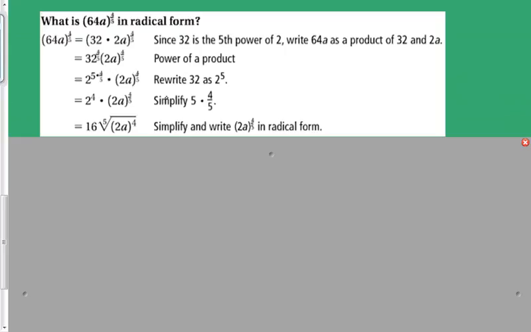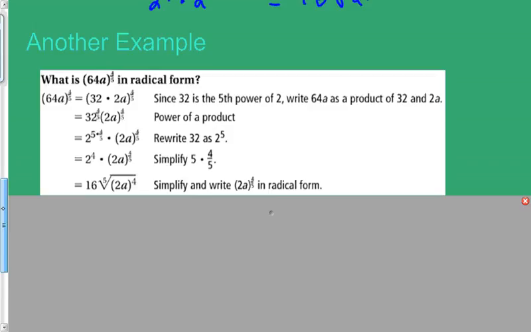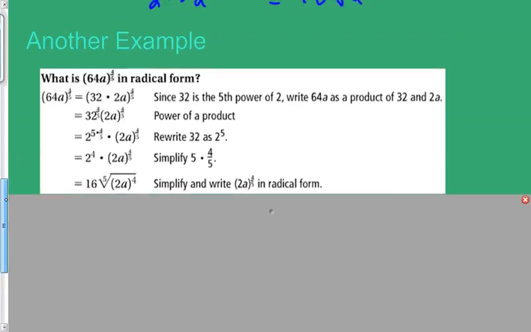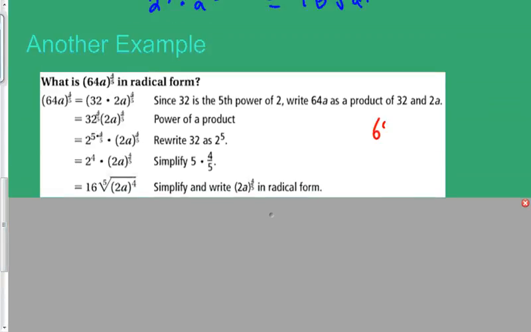Okay? So if you had a hard time following that, go take it step by step. It's actually very similar to the last problem. It's just instead of 32a to the 4/5 power, we have 64a to the 4/5 power. And again, you could have done 64 to the 4/5 power times a to the 4/5 power.